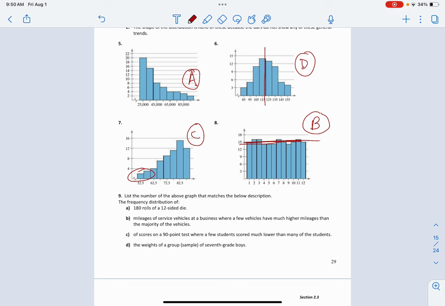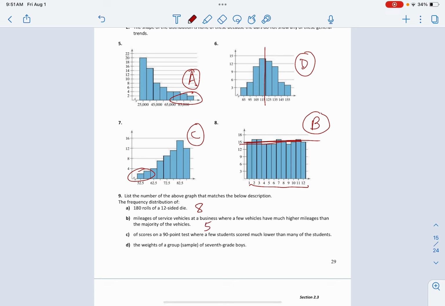So I would expect, we have 12 numbers here, right? So it looks like that would be number 8. How about mileage of service vehicles at a business where a few vehicles have much higher mileages than the majority, right? So a few vehicles that have much higher, that would be like a tail to the right, right? Smaller bars is a few, and they're higher, so that's to the right.